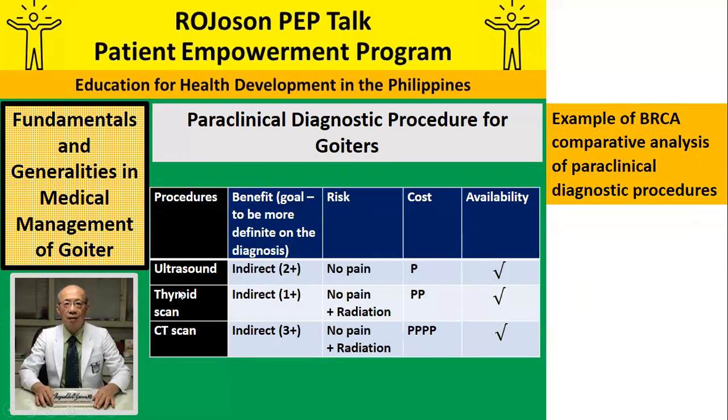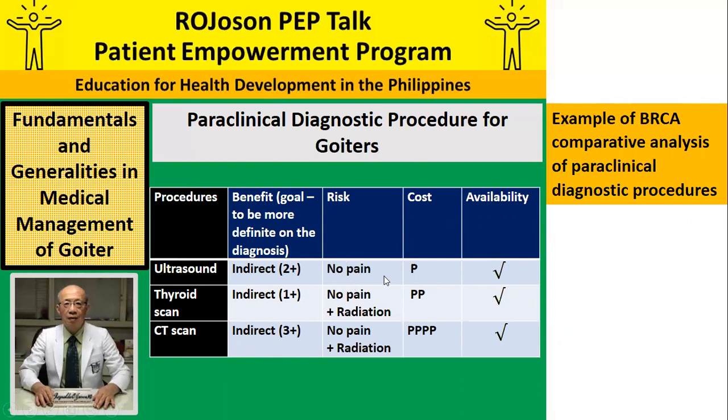Another example, more specific now: 3 imaging procedures, which are all indirect examinations compared to biopsy, which is a direct exam. Just comparing the 3 indirect examinations, you have 2+ for ultrasound, 1+ for thyroid scan, and 3+ for CT scan.